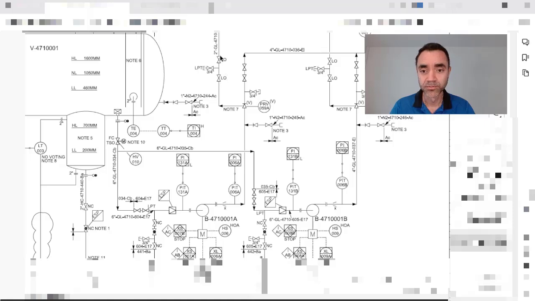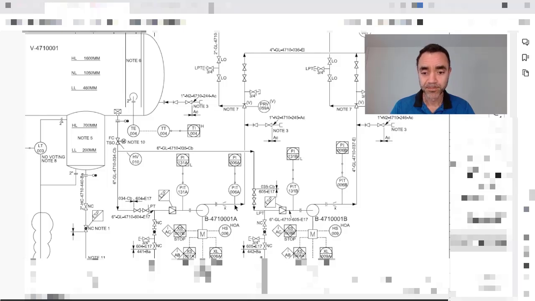So there are two valves in series also, in this case locked open, because it's very important to have the recirculation of the pump to guarantee its good functioning. Between two isolation valves, there is a small valve with a plug to guarantee that no fluid will be withdrawn by mistake.